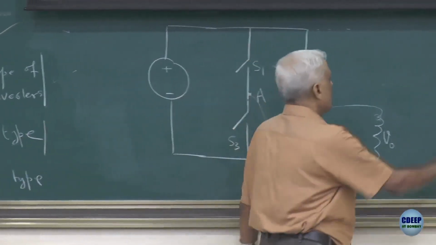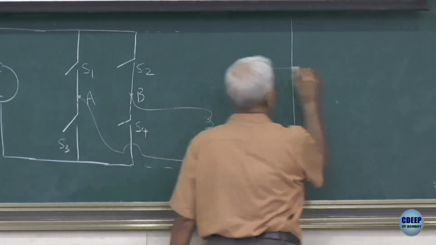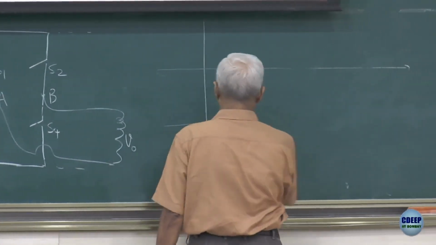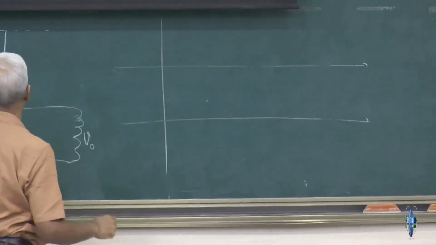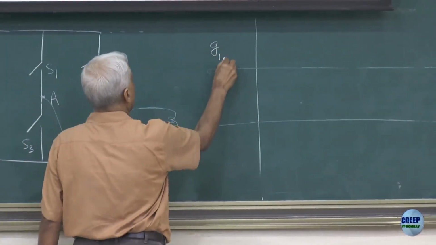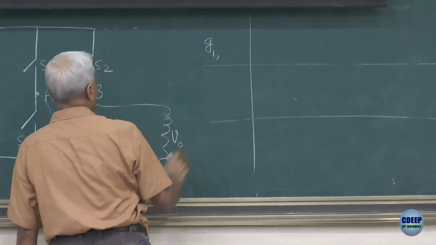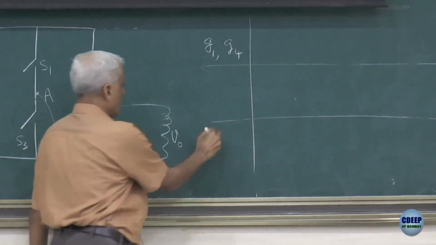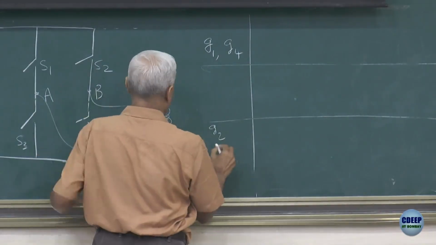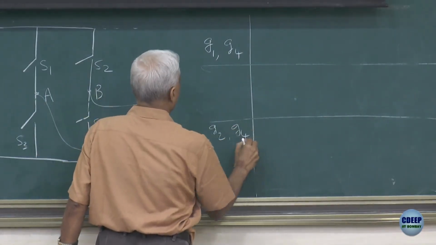So how will this picture look? I denote the control pulse for S1 by G1, for S4 by G4, and for the other two by G2 and G3.